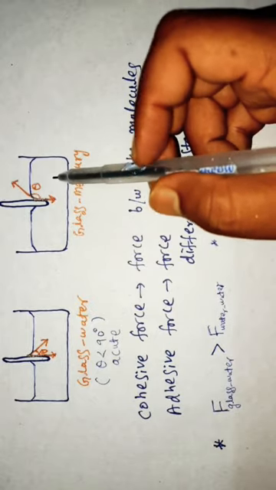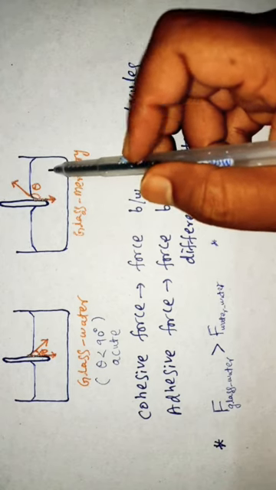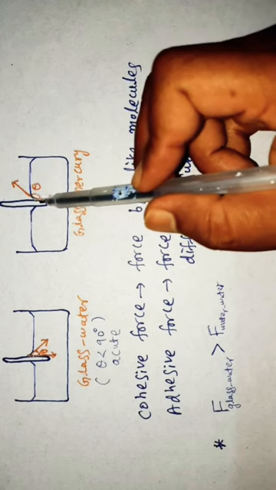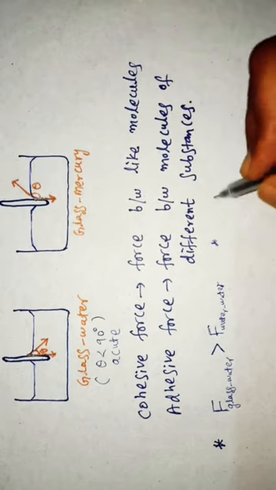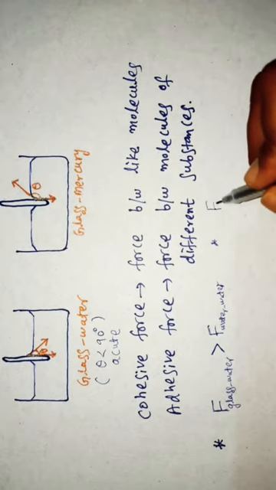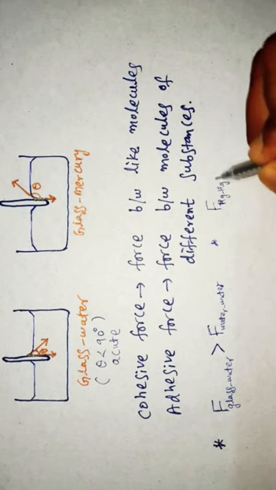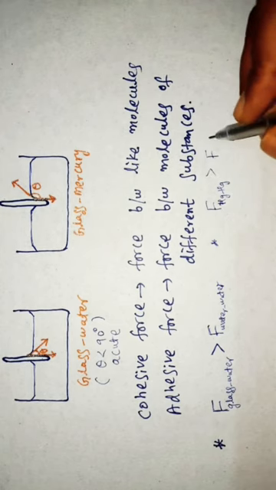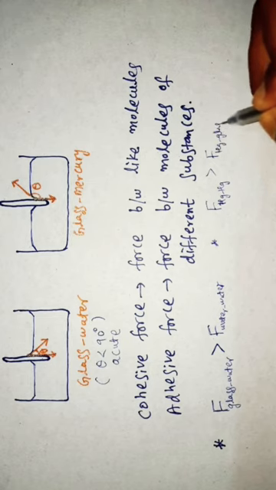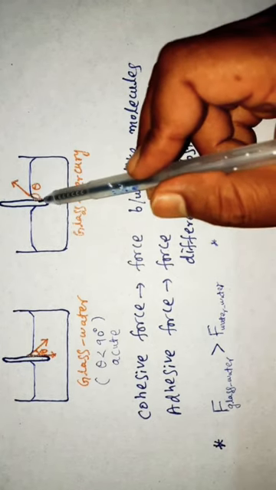In this case, the cohesive force of mercury molecules is more than the adhesive force between mercury and glass. So mercury does not wet the glass.